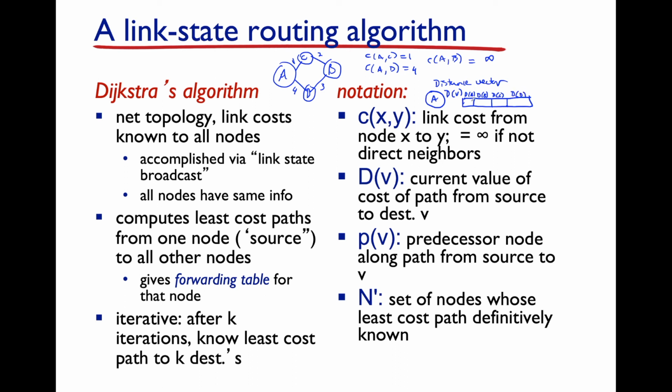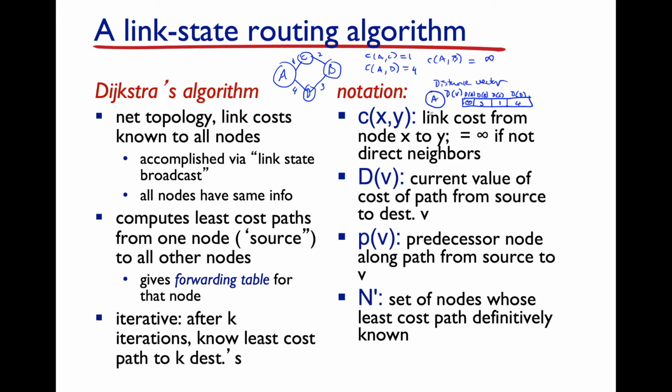So then to get from A to A is going to be 0. From A to B, let's assume that we had already pre-calculated all the paths. That's going to be 1 plus 2, that's 3. So 0, 3. And then to get to C, that's going to be 1. And from A to D, going around the bottom here, this edge going down, that would be a cost of 4.